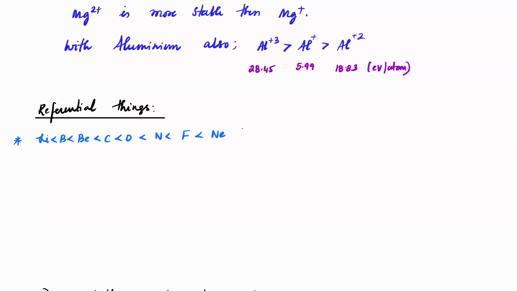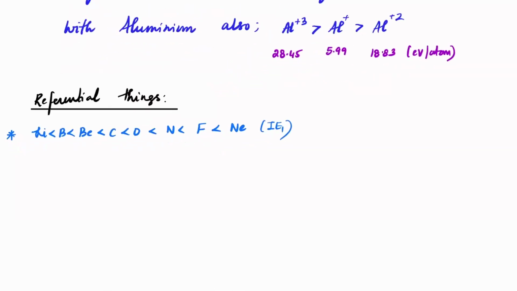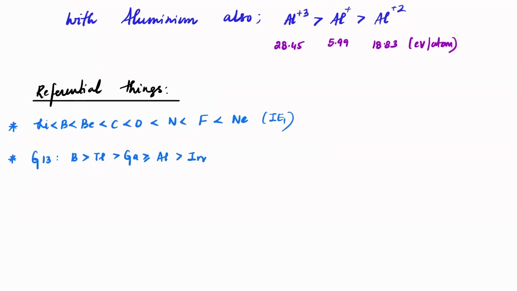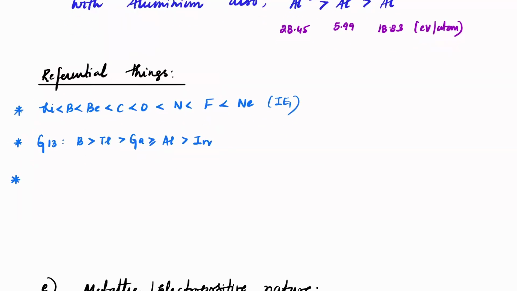This is left to right for IE1, ionization 1. Now, when it comes to group 13 here, you will see boron greater than thallium greater than gallium greater than or equal to aluminum is greater than indium. This will be the important order.